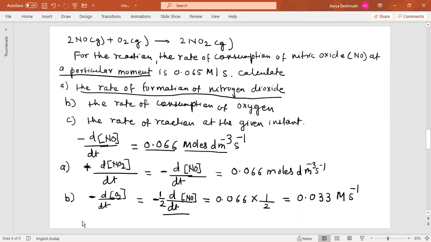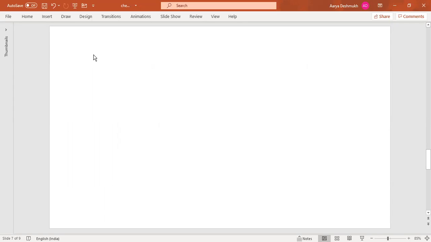Now what is left to be calculated? The third thing asked here, the rate of reaction at the given instant. Now for this one, I'll go to the next slide. The rate of reaction for this. So now for this particular one, the rate of reaction can be calculated as, now what is given again?